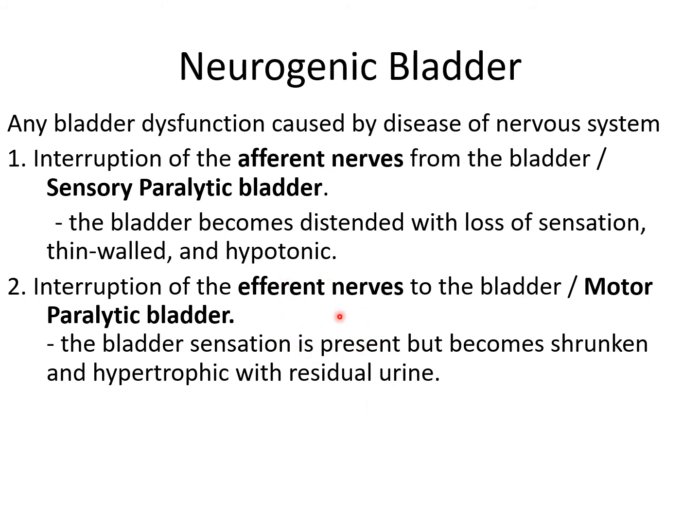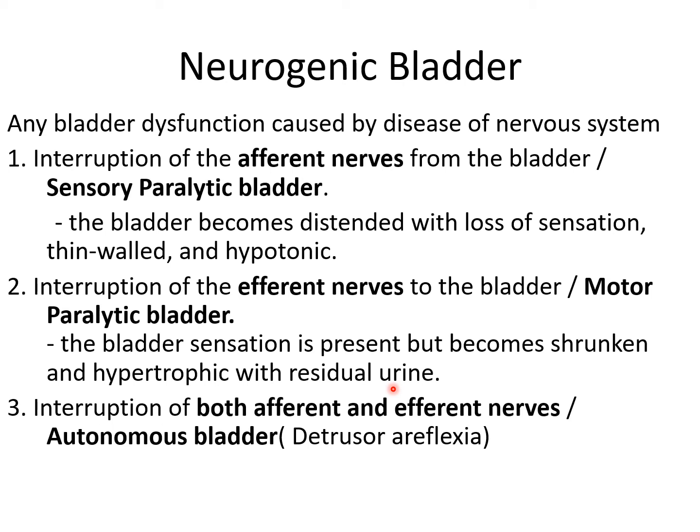Here the sensation of bladder fullness is present, but the contraction is absent as the micturition reflex is abolished. And as there is motor paralysis or efferent nerve damage, there is denervation hypersensitivity, and that denervation hypersensitivity causes hypertrophy of the bladder wall, which gives rise to a shrunken and hypertrophied bladder with residual urine because normal detrusor contraction is absent.